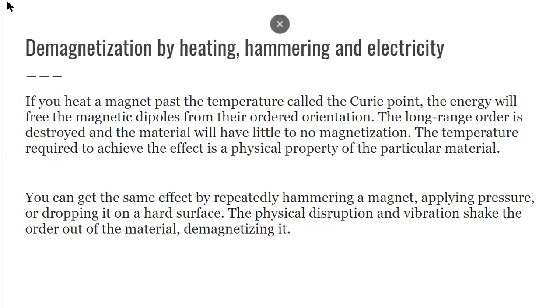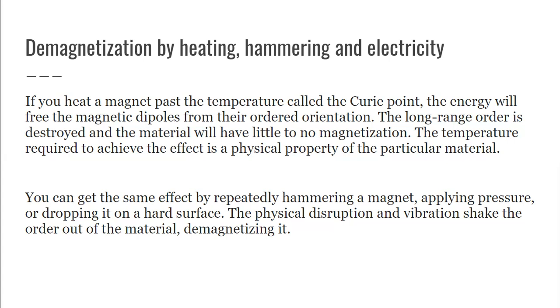The next one, hammering. The same thing happens when you keep hammering the magnet. The particles will get energy and they will start to disorient themselves. The next is applying pressure. When pressure is applied to a magnet, the same thing happens. The order gets disoriented, and if you drop it on a hard surface, the same thing happens.